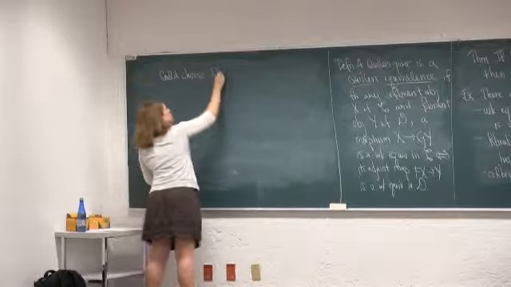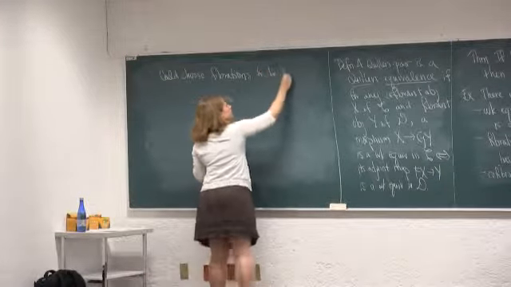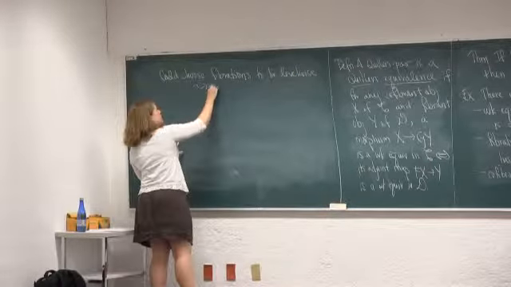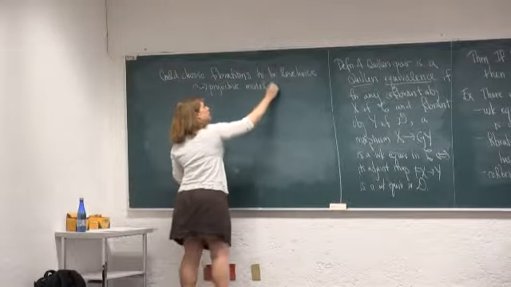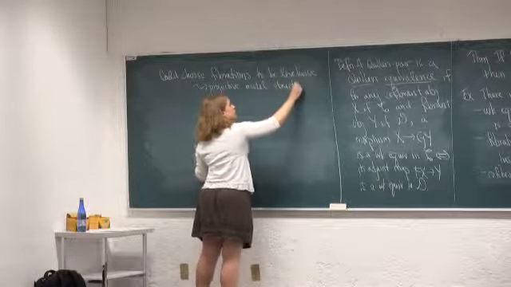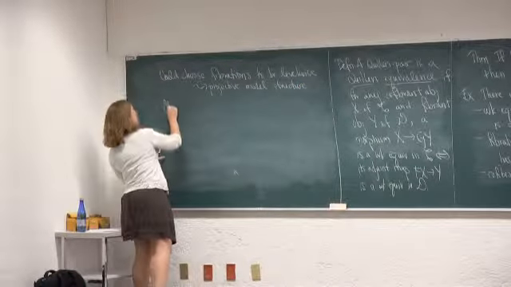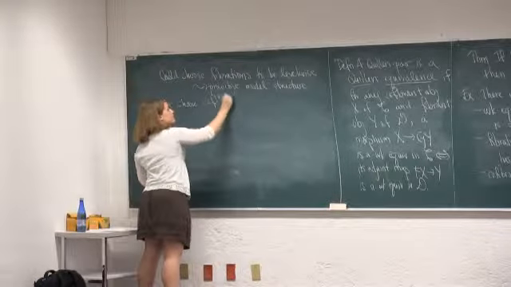So you could choose the fibrations to be level-wise, and this leads to something we call the projective model structure. But you could also choose the cofibrations to be level-wise.